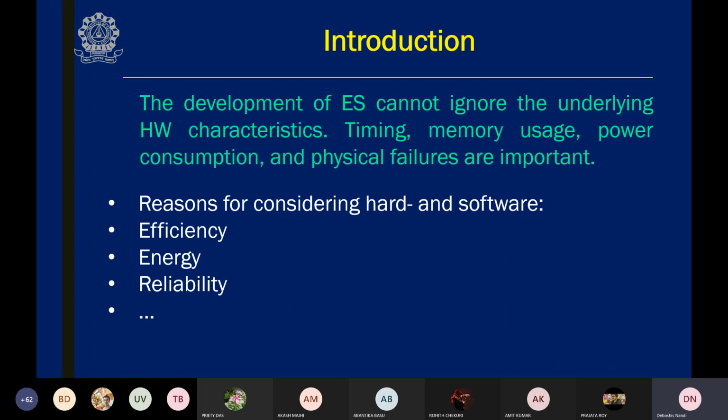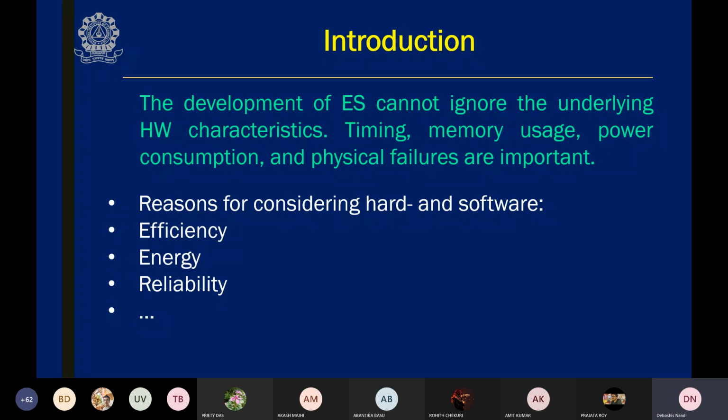This is the most important thing, already mentioned, that the development of an embedded system cannot ignore the underlying hardware characteristics, because timing, memory usage, power consumption, and physical failures are very important things, and the hardware will confirm these parts.